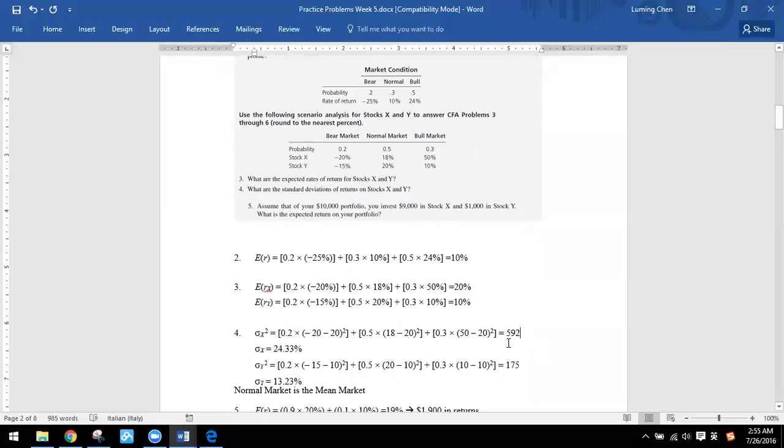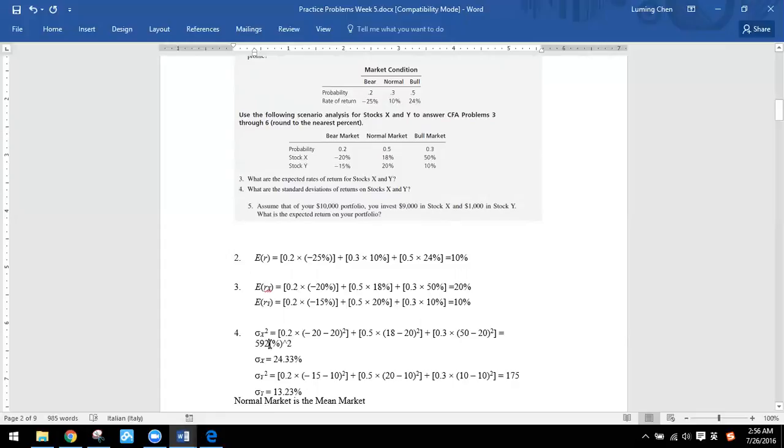So the expected variance should be 592%. If we take the square root, excuse me, this is not 592, this is 592% squared.